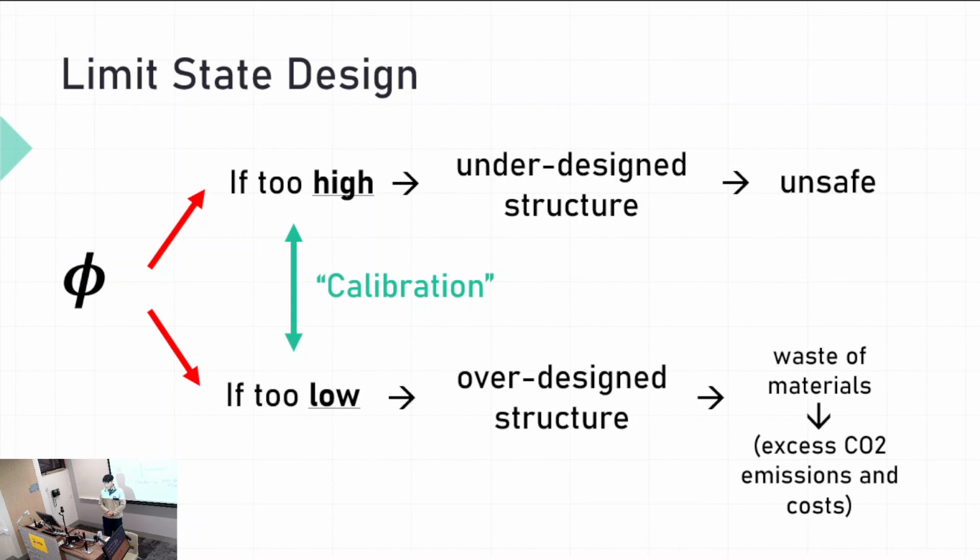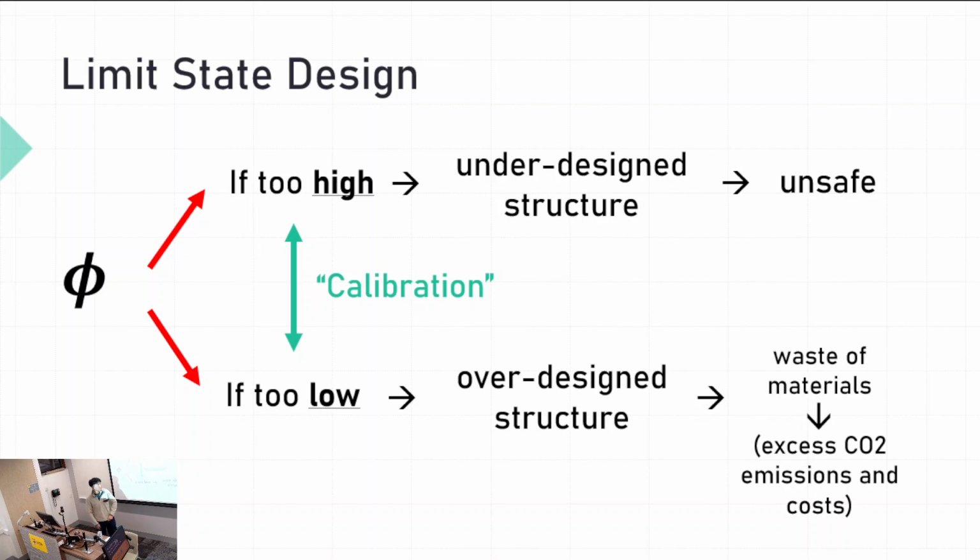So, continuing with limit state design. The calibration of the phi factor: if it's too high, we're essentially under-designing the structure and it's unsafe. If we gave timber a phi factor of 0.9 in all of its cases, we're consistently overestimating how strong the material is.